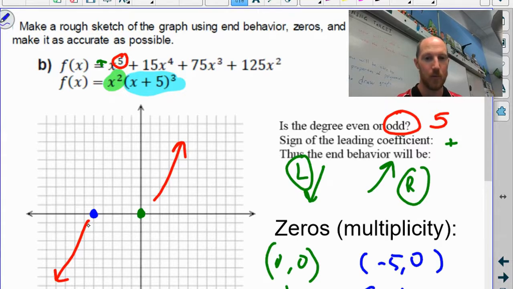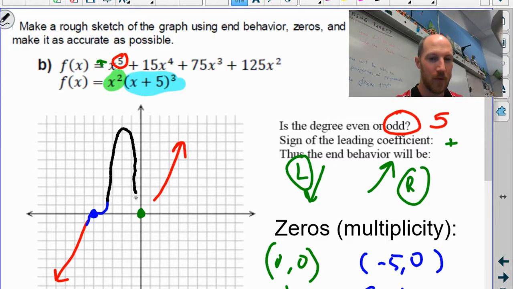Let's start with the blue one. The blue one is supposed to make an S shape. It's going to have to connect to the end behavior that's already there, which means I'm going to have to go up flat and then keep going up. So I've got that S right through the blue dot. And then visualizing ahead, this graph is going to probably go way, way up there.